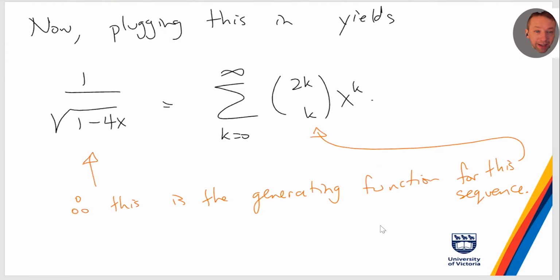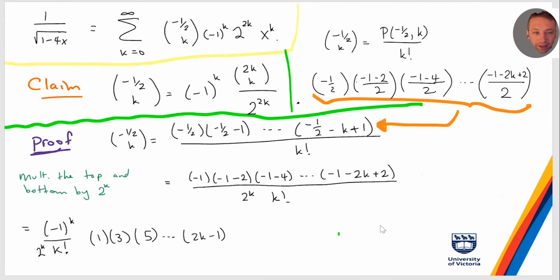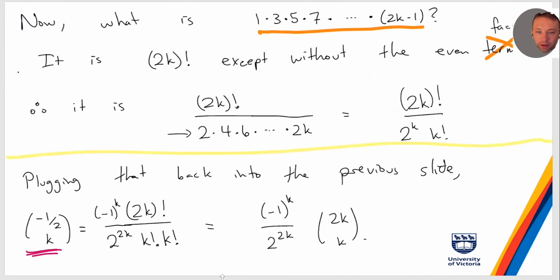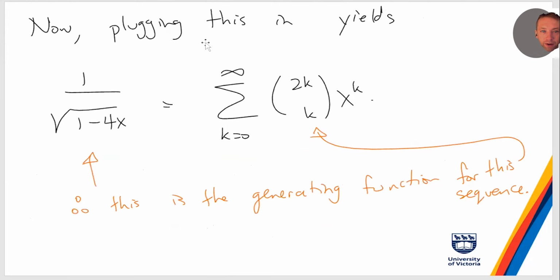But now I plug this back in. Where? Here in this green box. We now have a formula for this negative half choose k. I plug in the formula for it, and basically everything cancels.